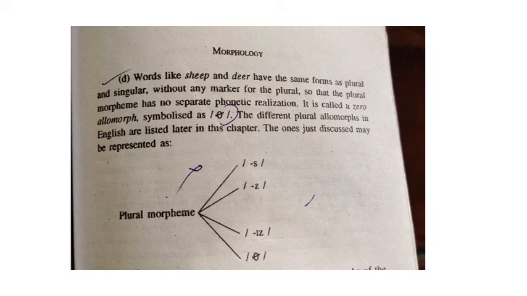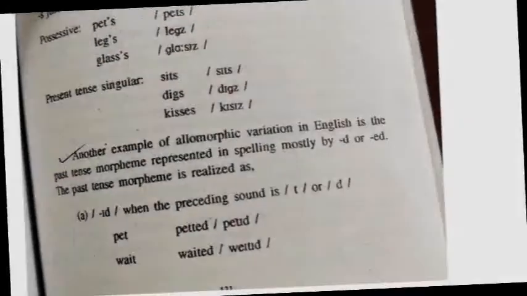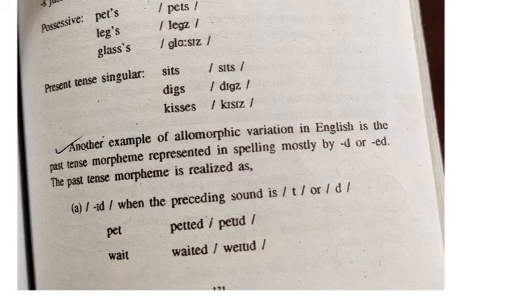Okay. Another example of allomorphic variation in English is the past tense morpheme, represented in the spelling mostly by ed. If you need to get the sound id, it is when the preceding sound is t or d. For example, petted, waited.